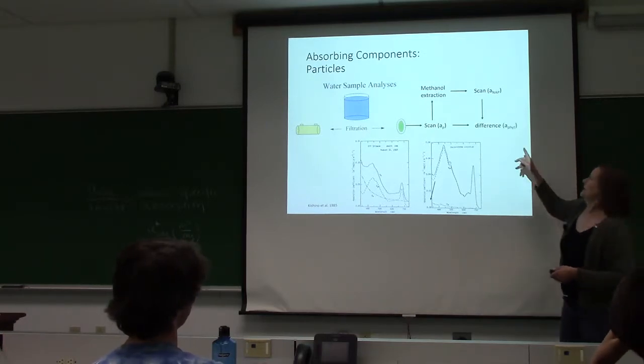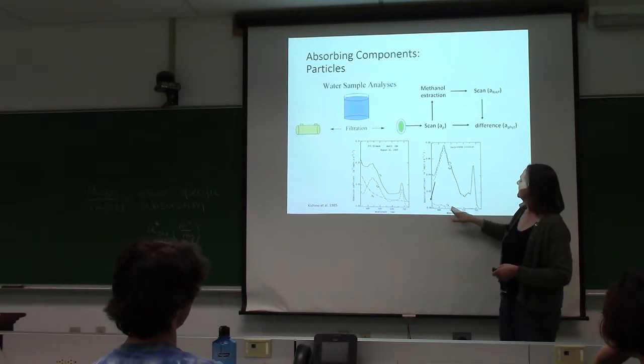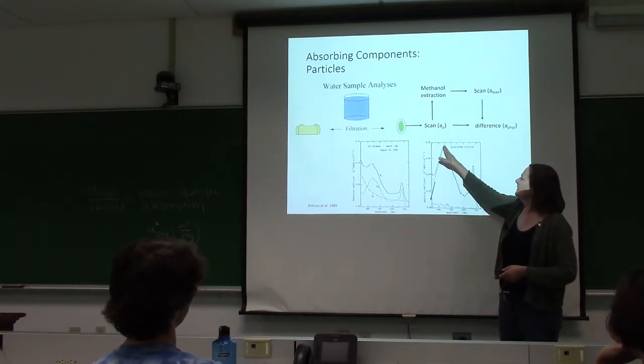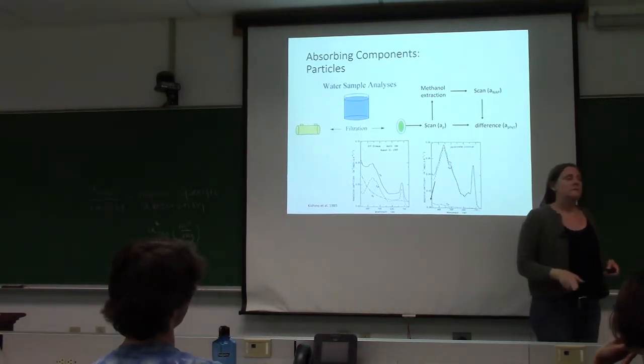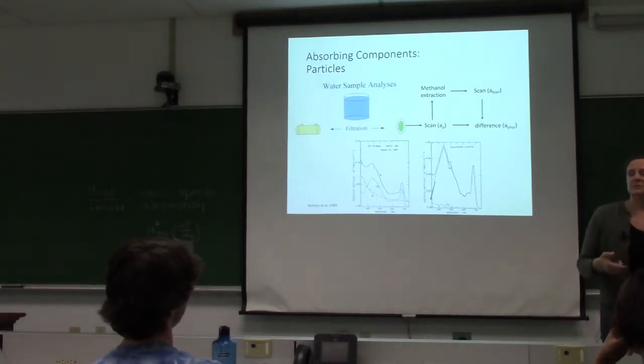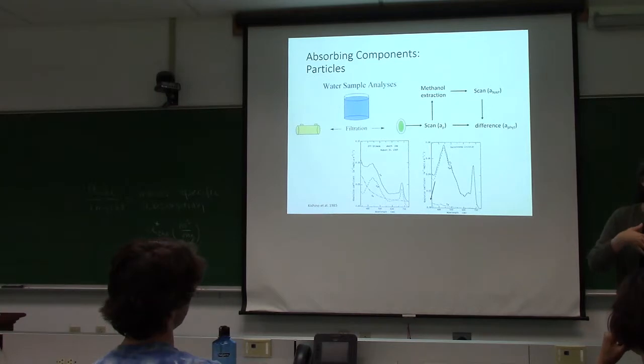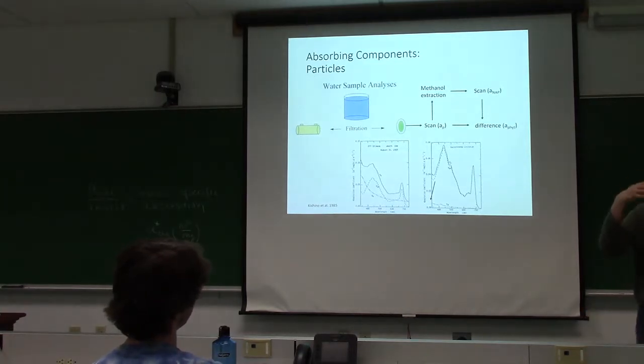The other cool thing about this is that if you subtract that non-algal particle absorption from the original particulate absorption, you obtain the absorption spectrum of the pigments as they were in the cell. It's very different than extracting the pigments out into a solution and measuring those, where the pigments are all flying all over in their solution.